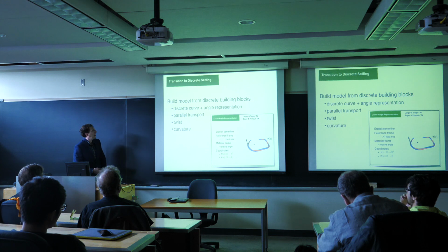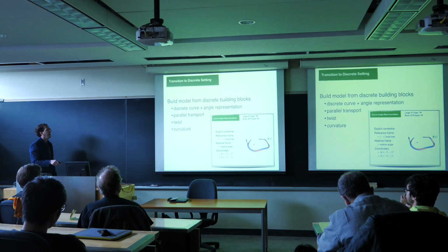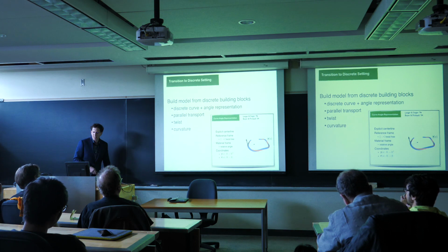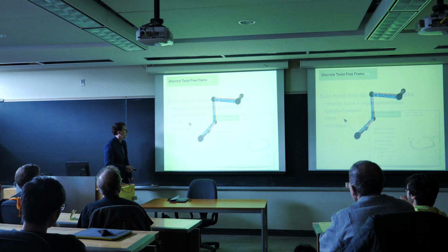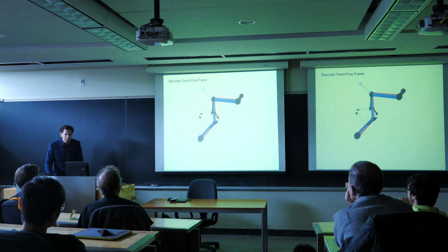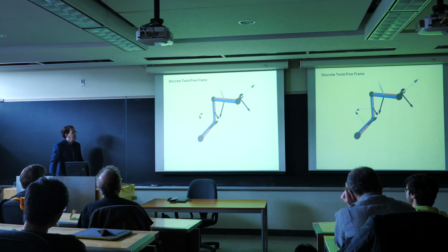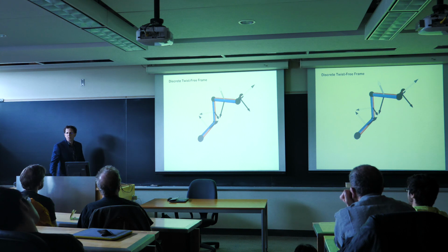So a lot of the talks we give have a slide like this that summarizes the structure that we like and says now we need to build a model from discrete building blocks. And so here we have again our discrete curve. But now I'm attaching frames to it, and I'm showing you the discrete ODE that's laying down parallel frames starting from one end to the other.